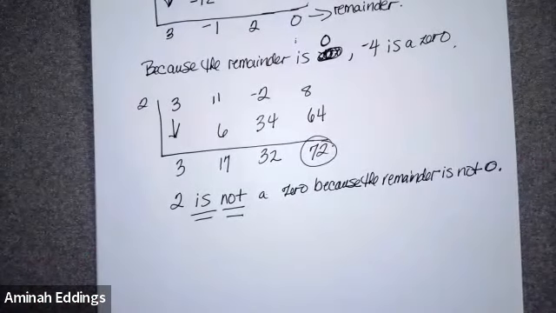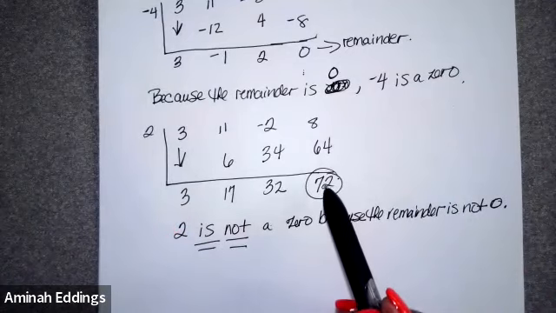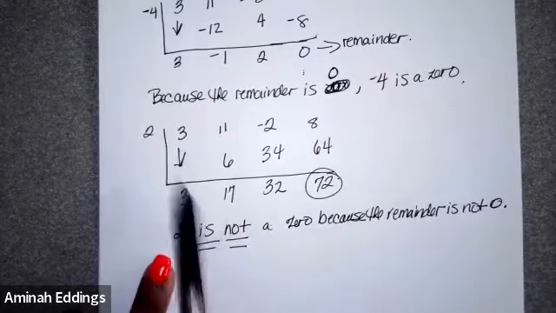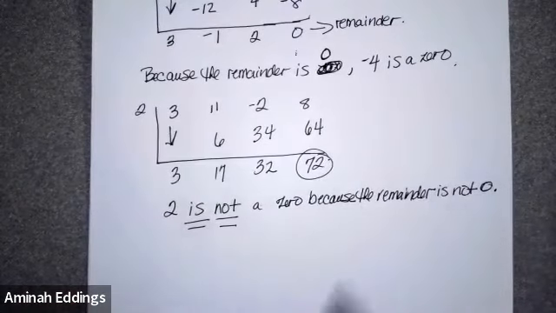All right, did you all get 2 to be a 0? No. So when we did synthetic division with 2, we got the remainder to be 72. 2 is not a 0 because this remainder is not 0. Okay?